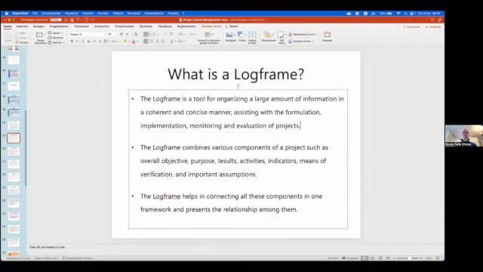But the logical framework already contains all the essential parts of our project. And it helps connect all these parts into one coherent document.